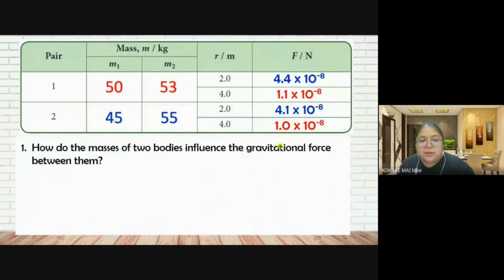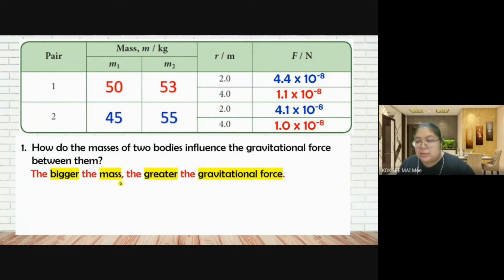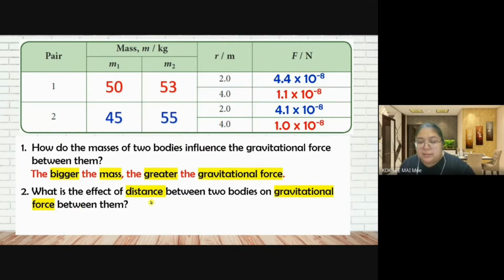So from here, how do the masses of the two bodies influence the gravitational force? We find that the bigger the mass, the greater the gravitational force. This I get from the calculation using different masses of the body. Number two, what is the effect of the distance between two bodies on the gravitational force between them?